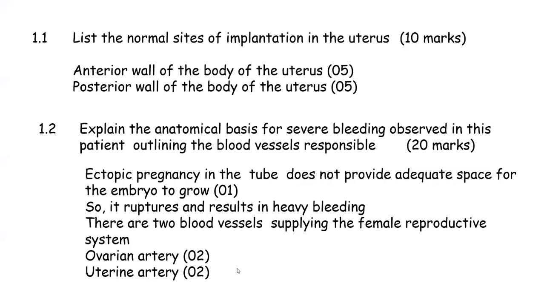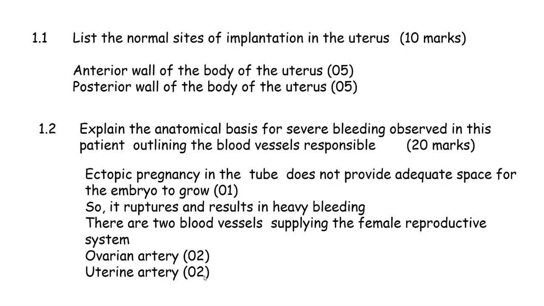Then you have to tell us, because we are asking you to outline the blood vessels responsible, what are the blood vessels that would give rise to bleeding, right? So you have to mention them, ovarian artery and uterine artery. Just mentioning them would give 2 marks each.